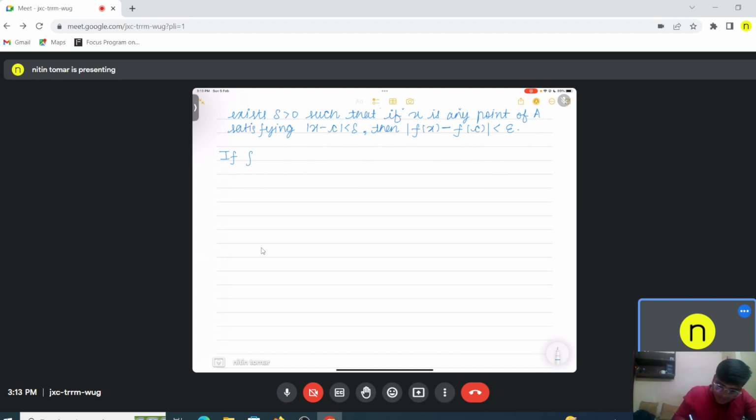Note that if f fails to be continuous at c, then we say that f is discontinuous at c.